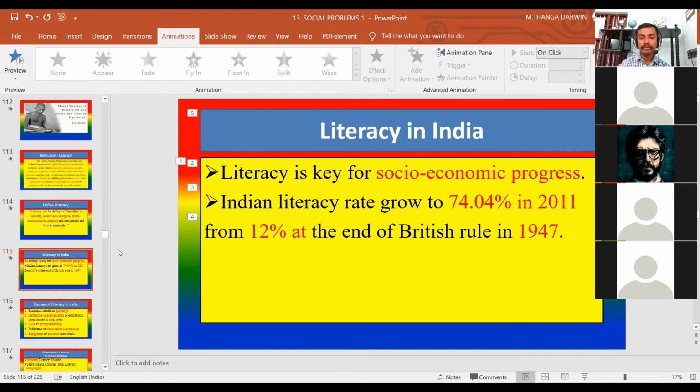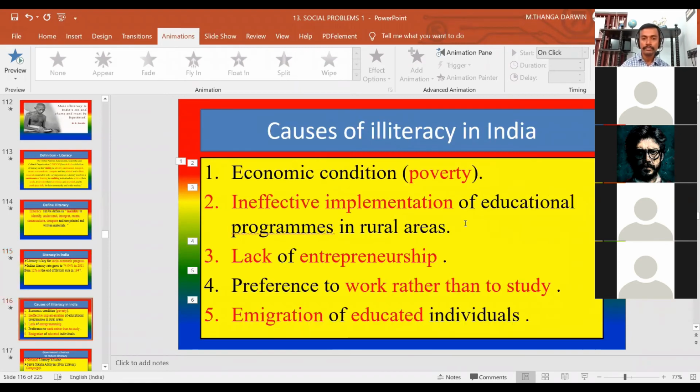So what do you feel about Indian society? The Indian population has rapidly grown in education and rapidly worked to eradicate illiteracy. Then causes of illiteracy. First, poverty. You would like to go to school, but there are no resources. Second, ineffective implementation.